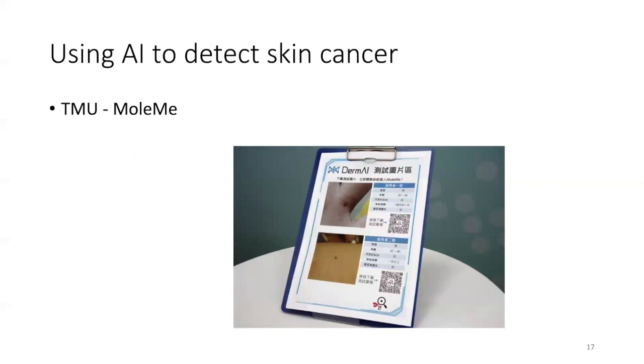Then this is another example invented by President Jack Lee. They can use AI to detect skin cancer. Basically, you upload an image of your skin, and it tells you whether it's benign or malignant.